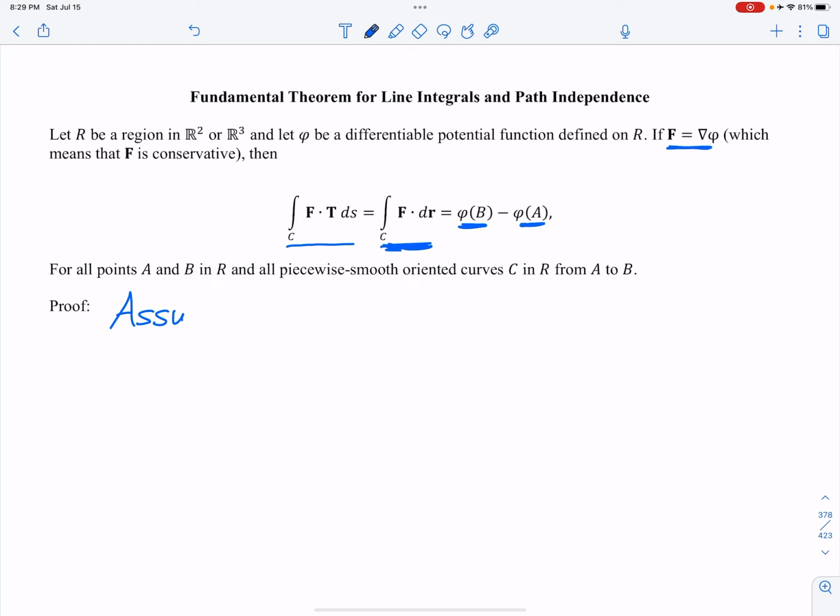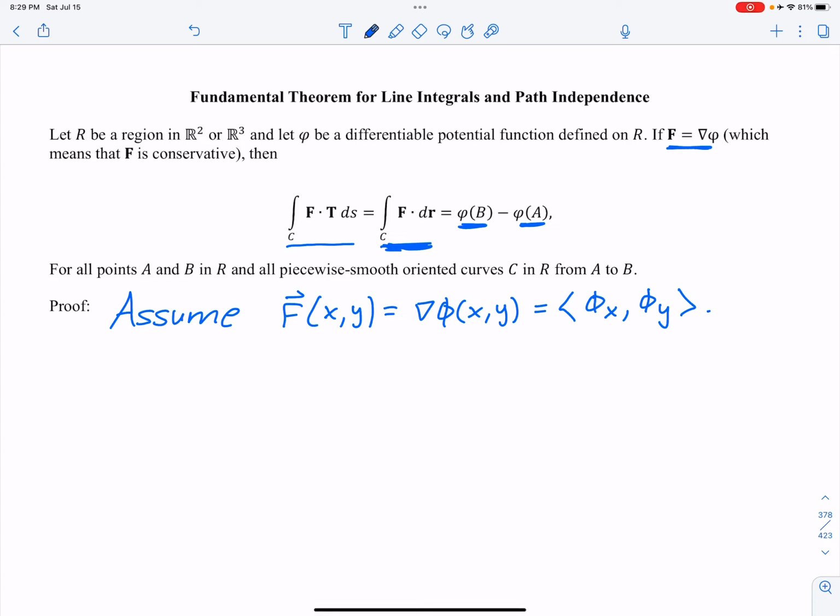All right, so assume that F of x,y is equal to the gradient of phi of x,y. And then we're going to label this phi x, that's that component, and this is phi y.